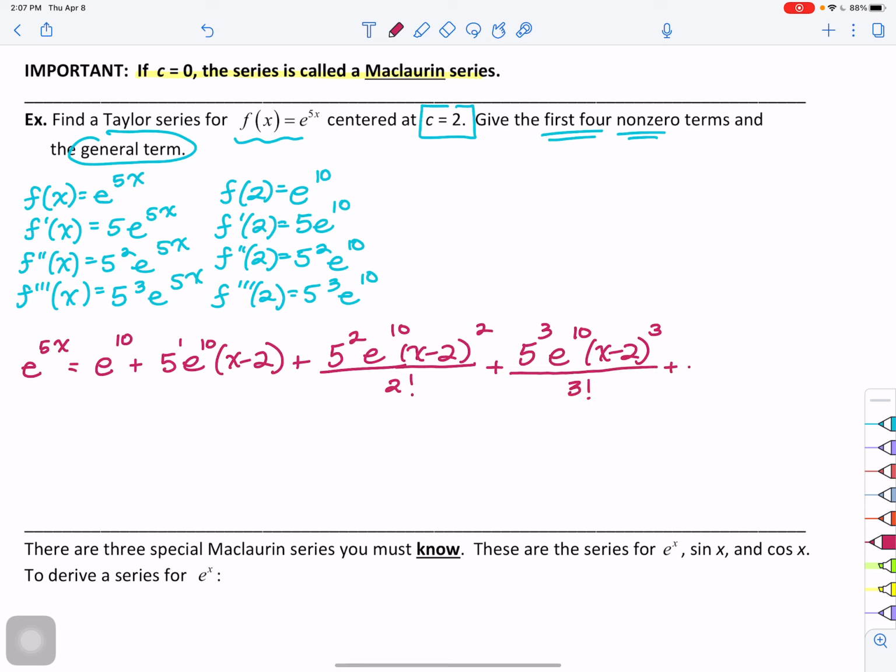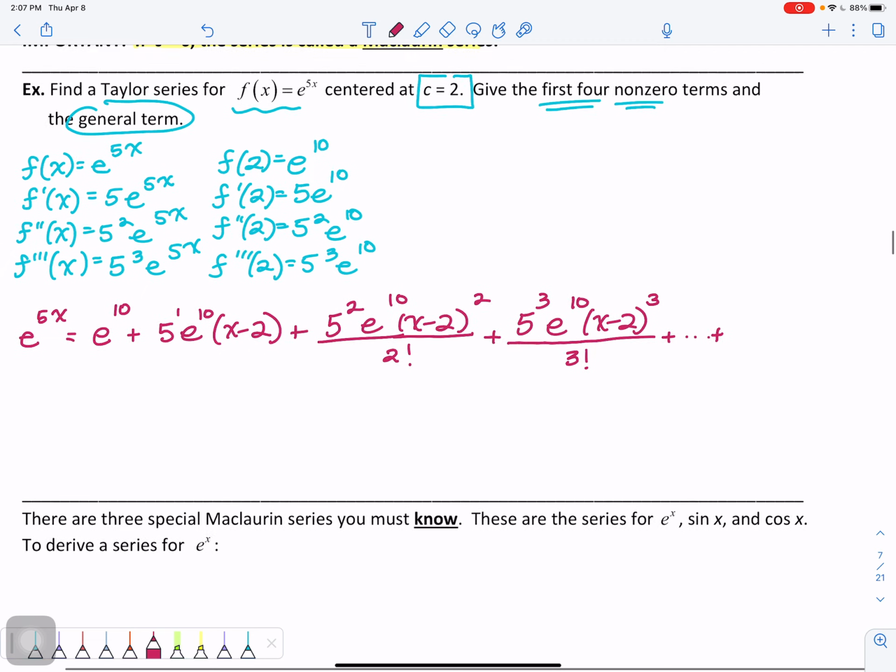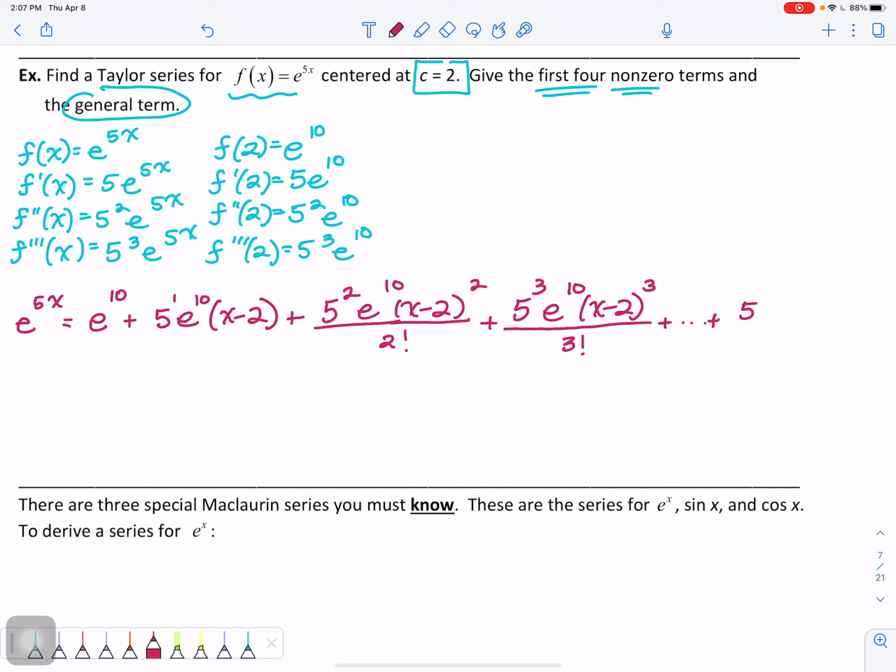Now what we'll do is put dot, dot, dot, and we will actually write the nth term here, okay? And so let's talk about what that nth term would look like just by using a pattern. Plus 5 to the nth power, e to the 10th, x minus 2 to the nth power, all over n factorial.